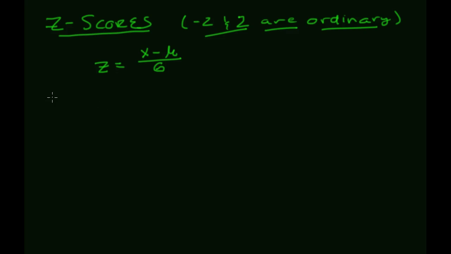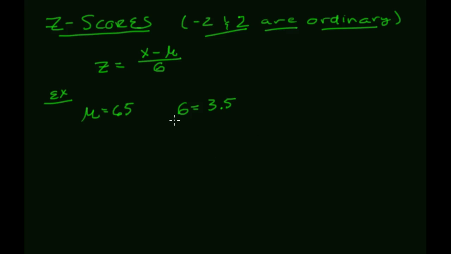All right, so let's give an example here. In a previous lesson, we had that women's heights have a bell-shaped symmetric distribution with a mean of 65 inches and a standard deviation of 3.5 inches.